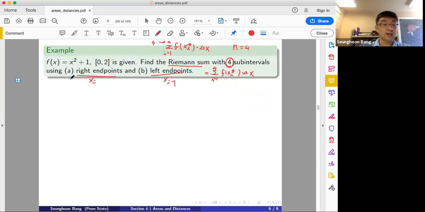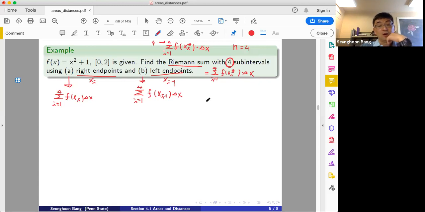So the answer of the first question is the summation i equals 1 to 4 of f of xi times delta x. The Riemann sum using the left-hand point is the summation i equals 1 to 4 of f of xi minus 1 times delta x. So we have the two possibilities.